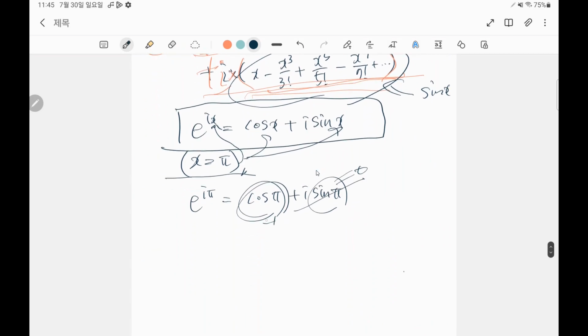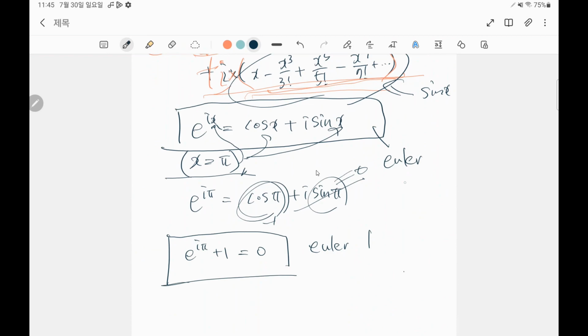If you move minus 1 to the other side of the equation, you get e to the i pi plus 1 equals 0, which is Euler's identity. This is Euler's formula, and this is Euler's identity.